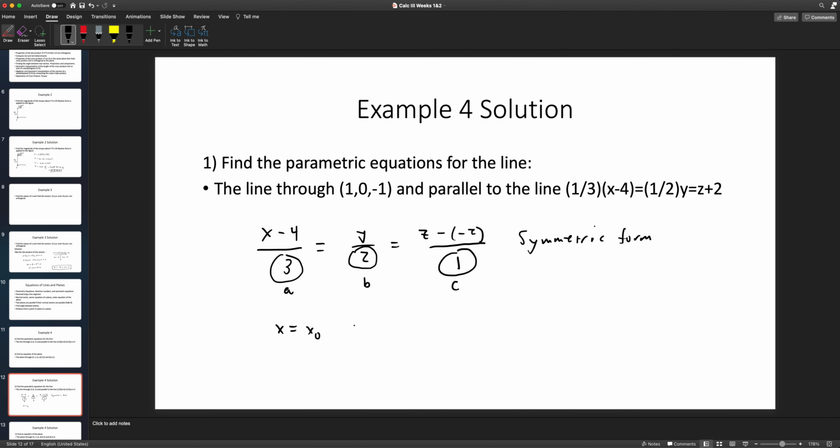So we have 3 parametric equations, where x0, y0, z0 is given right here.